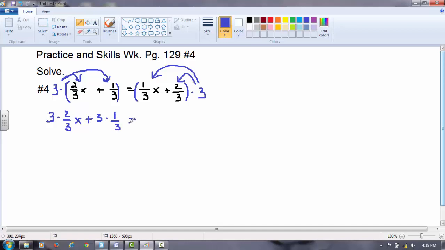We still have our equal sign. I'm going to put a fence in between it just to make it a little easier to work with. Now we have 3 times 1/3 x plus 3 times 2/3.